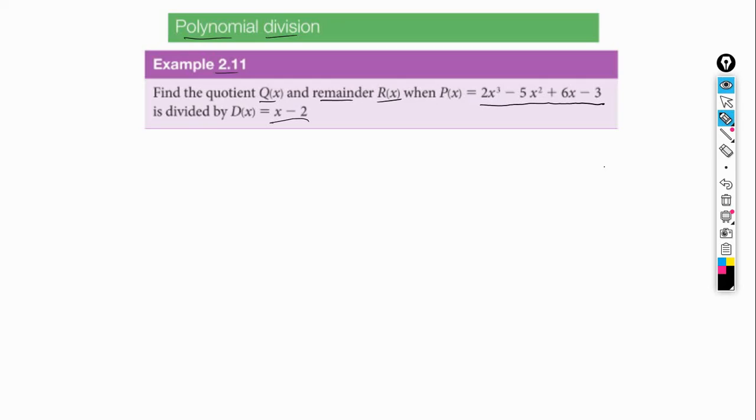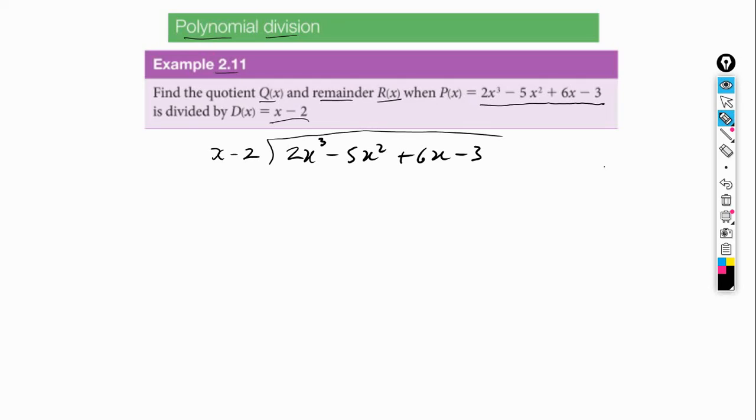Here they want us to perform long division. So we are going to divide 2x cubed minus 5x squared plus 6x minus 3 by d of x, which is x minus 2.